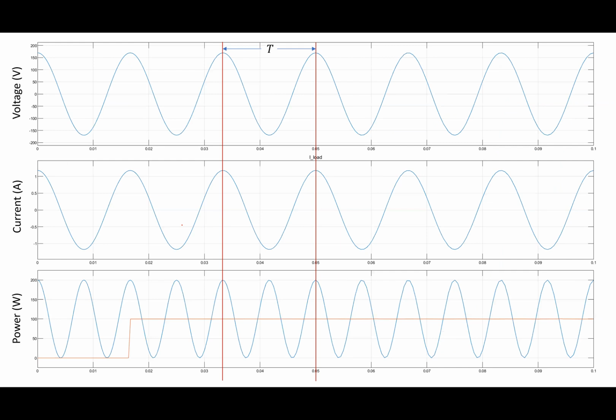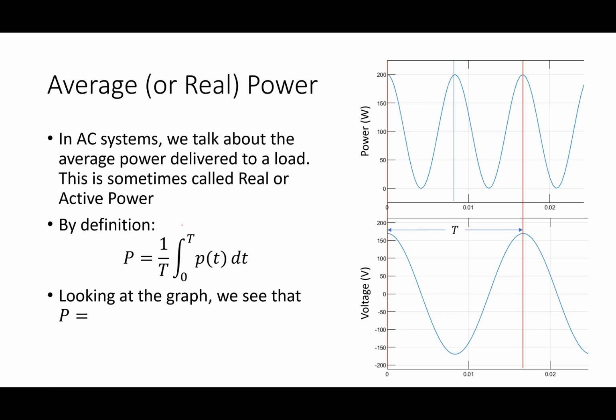We use the definition of average: we take that P of t and integrate over one period and divide by the length of that period. Looking at this graphically, the average value of the power waveform is right there in the center. It's the number 100. Now, we're not going to do this calculus.